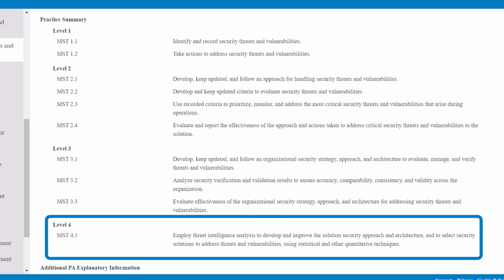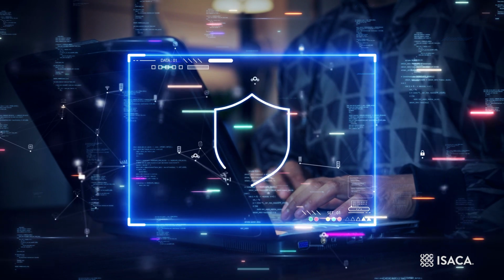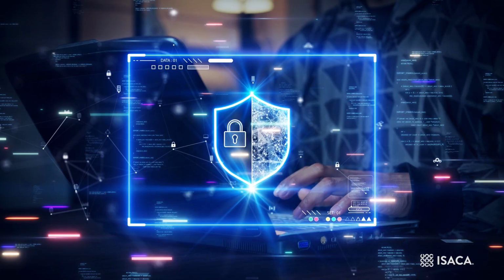The practice statement states, employ threat intelligence analysis to develop and improve the solution security approach and architecture, and to select security solutions to address threats and vulnerabilities using statistical and other quantitative techniques. As security becomes increasingly important, so does the ability to identify vulnerabilities and detect and counter potential threats.